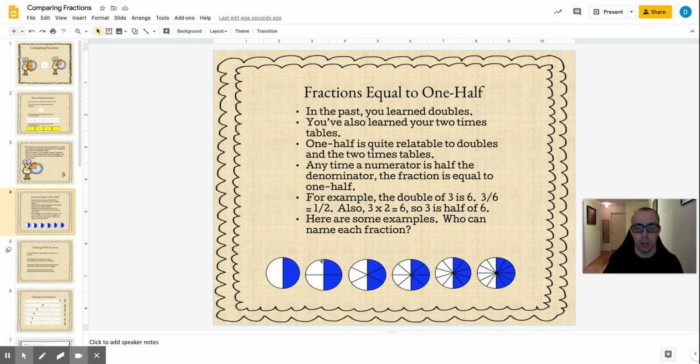The same can be said for 2/4. 2 is half of 4. 2 and 2 make 4, or 2 times 2 makes 4. So 2 is half of 4, so that's equal to 1/2 as well. 3/6. Since 3 times 2 equals 6, or 3 is half of 6, or 3 plus 3 equals 6, 3/6 is 1/2, 4/8, 5/10, and 6/12, and it continues on in that pattern.